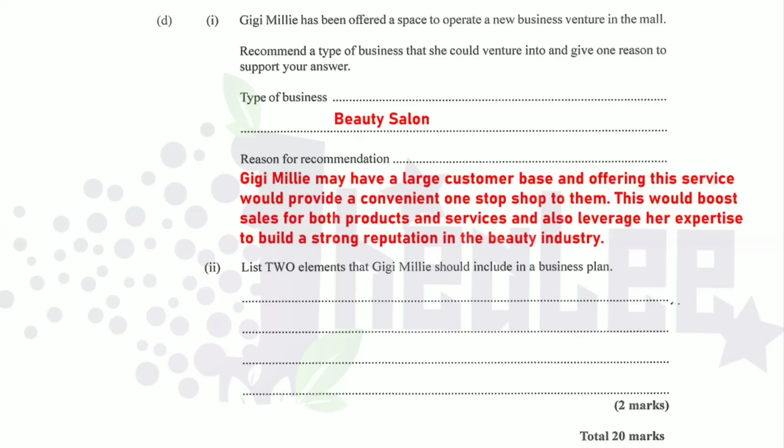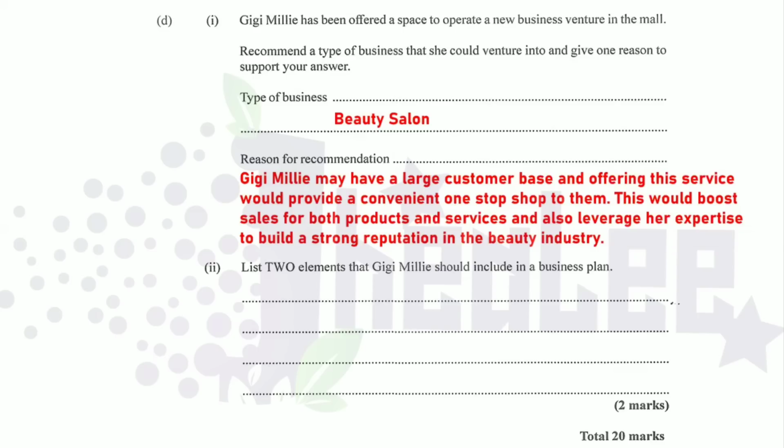So what it would do is to boost sales for both products and services, and also leverage her expertise to build a strong reputation in the beauty industry. Because selling the beauty supplies, of course, it is a possibility that Gigi Millie has some expertise in terms of beauty supplies. And that added to the beauty salon would boost, again, both the products and services.